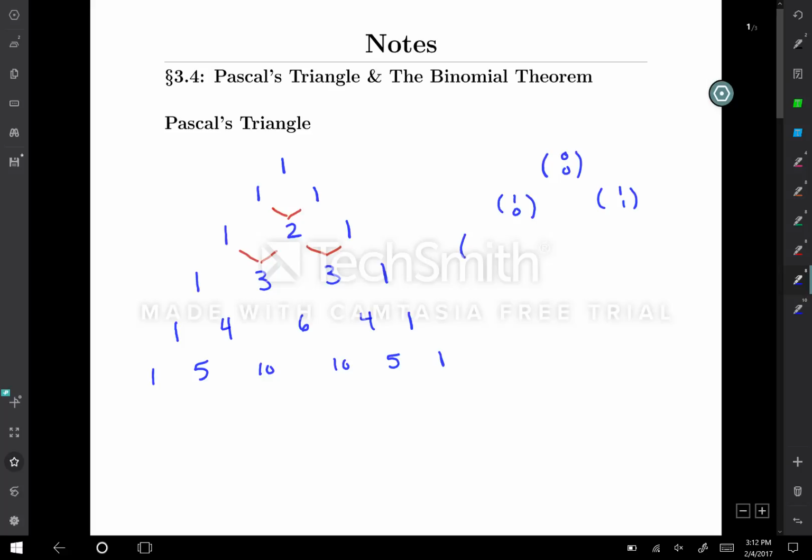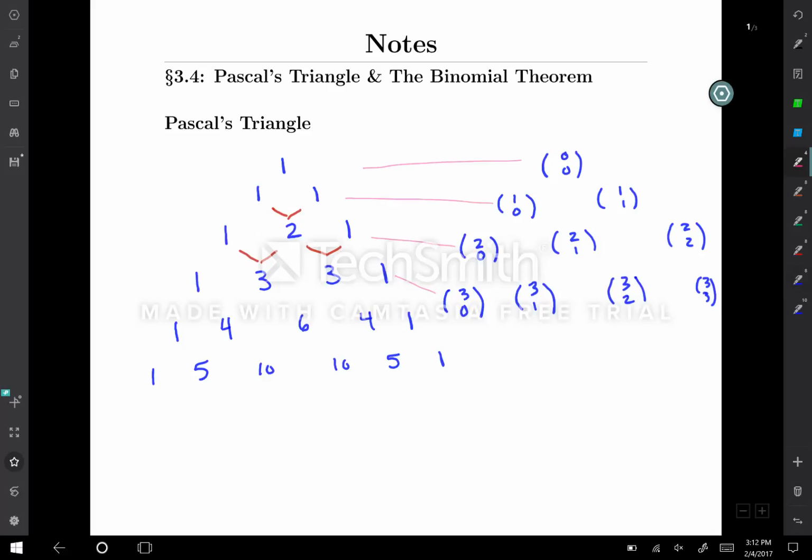Next, we would have 2 choose 0, 2 choose 1, and 2 choose 2. Continuing this pattern, we would have 3 choose 0, 3 choose 1, 3 choose 2, and 3 choose 3. So we have a correspondence with Pascal's triangle and what are known as the binomial coefficients.